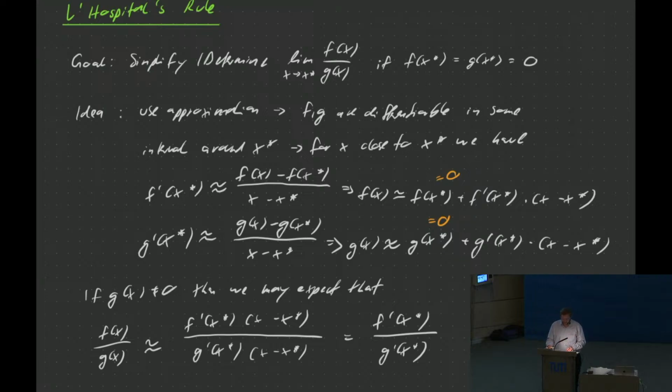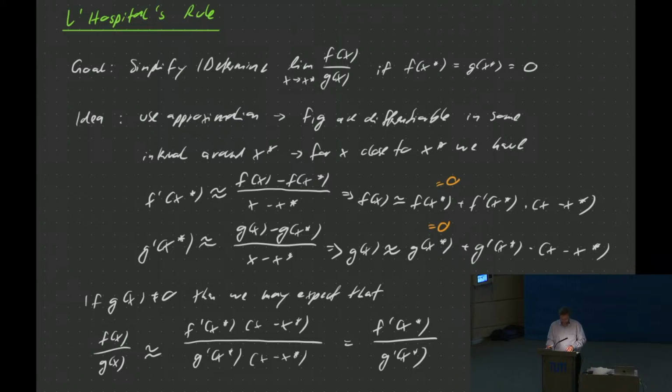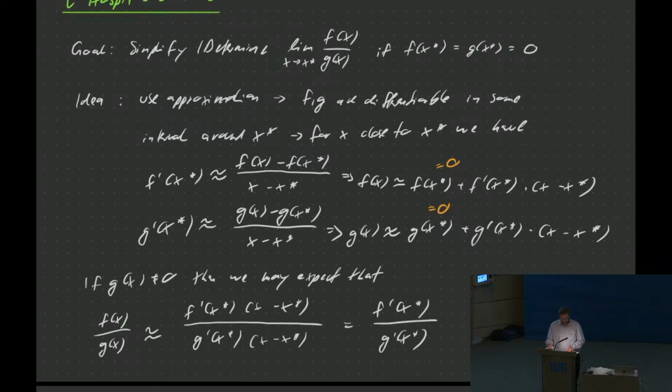To compute that limit, one possible idea is to use approximation. We can use the formula for the derivative of a function, and if f and g are both differentiable, then we can say f of x is about equal to the function value at the point x star plus f prime at x star times x minus x star.